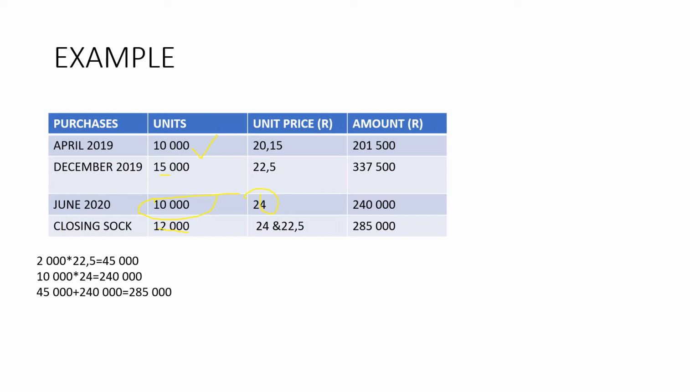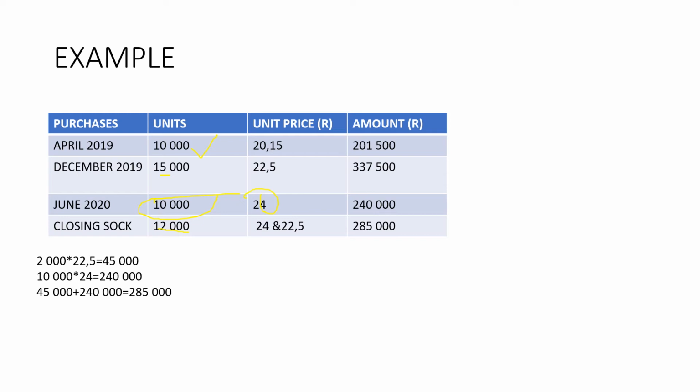And because we didn't buy the 2,000 for 24 rand per unit, it wouldn't be okay to just say 12,000 times 24 rand per unit. That wouldn't be valuing our stock correctly. That would be an incorrect valuation of trading stock. Okay, but this is what you do.